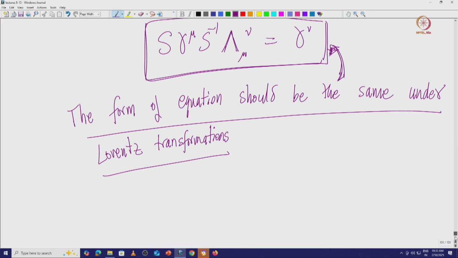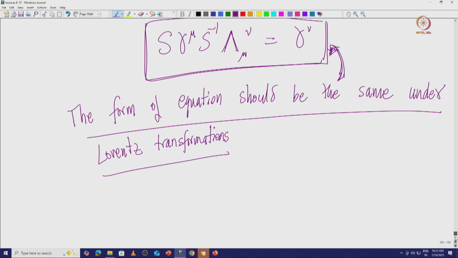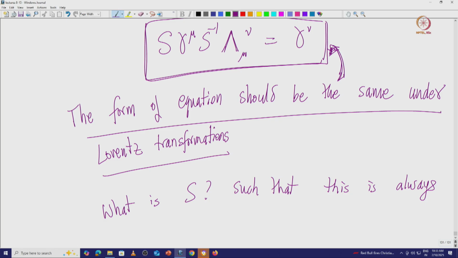Given this, we want to know what S is, such that this is always satisfied. What is S? We have already seen the answer.